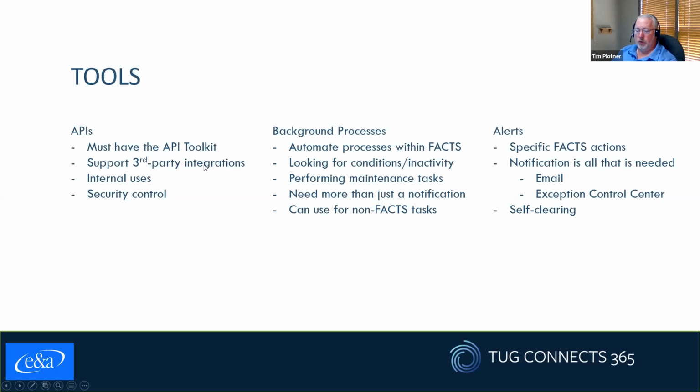If you were to use Storefront as an example, Storefront communicates with FACTS by way of APIs. It consumes, that's the term we use, the APIs that are defined in FACTS. If you create new APIs, some external product is likely going to be consuming those APIs.